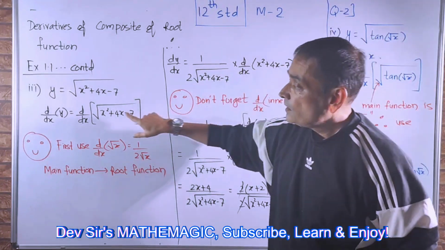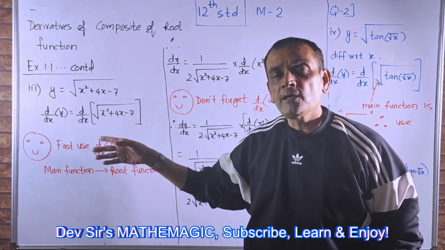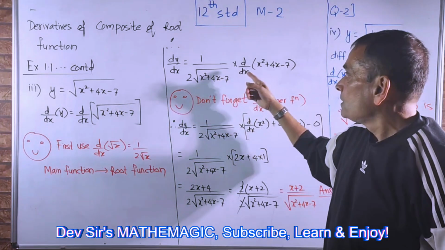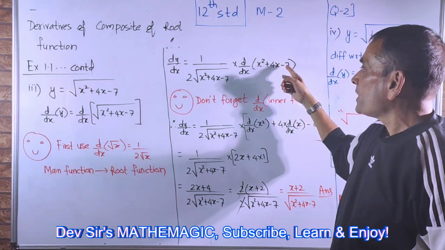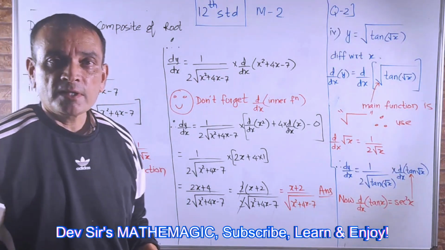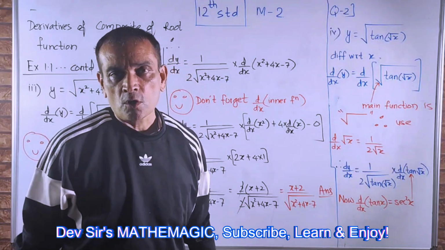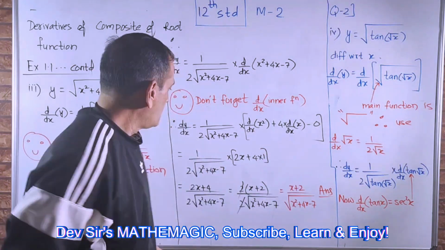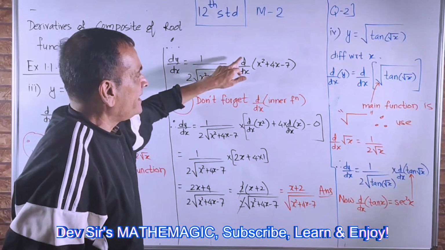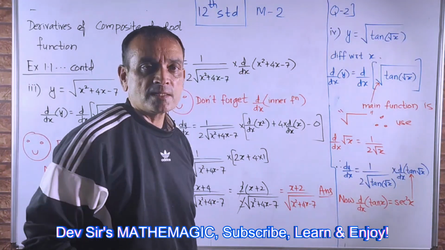into d by dx of x squared plus 4x minus 7. As usual, बाहर का फंक्शन फॉर्मूला यूज करने के बाद take the derivative of the inner function d by dx of x squared plus 4x minus 7. We are dealing with derivatives of composite functions. Composite यानी mixture, combination. Root function के अंदर एक और combination है, उसका भी डेरिवेटिव लेना है. d by dx of x squared plus 4x minus 7.